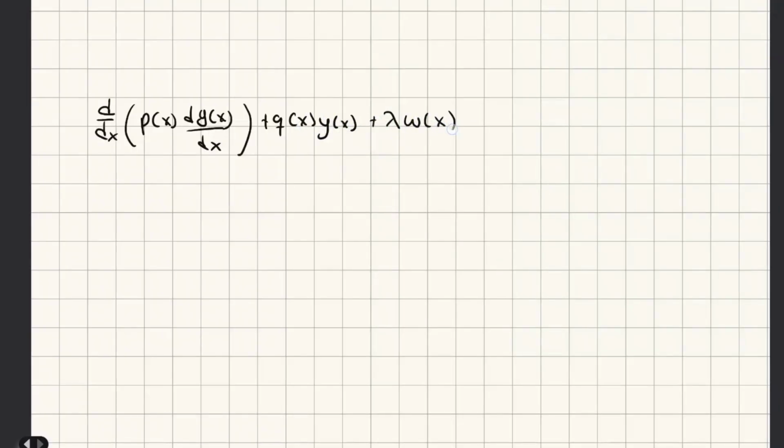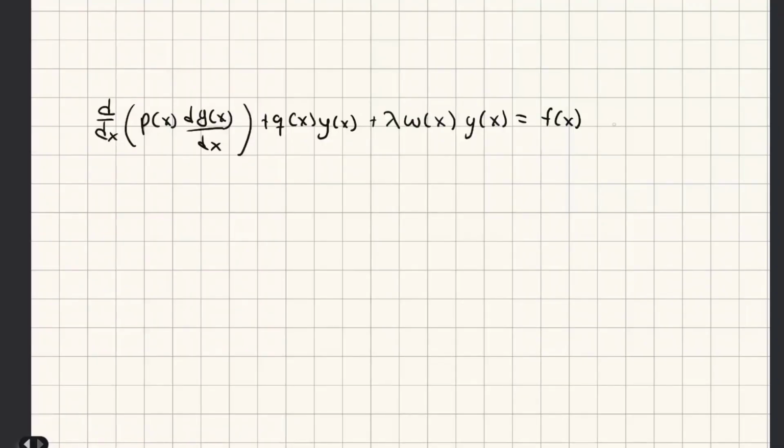So to start, we are going to consider the Sturm-Liouville problem that is not homogeneous in the following way. We have the derivative with respect to x of p of x times the derivative of y of x with respect to x, plus q of x times y of x, plus lambda w of x times y of x, is equal to f of x.